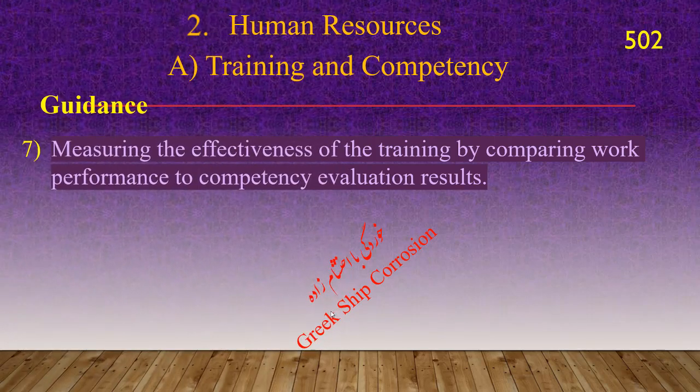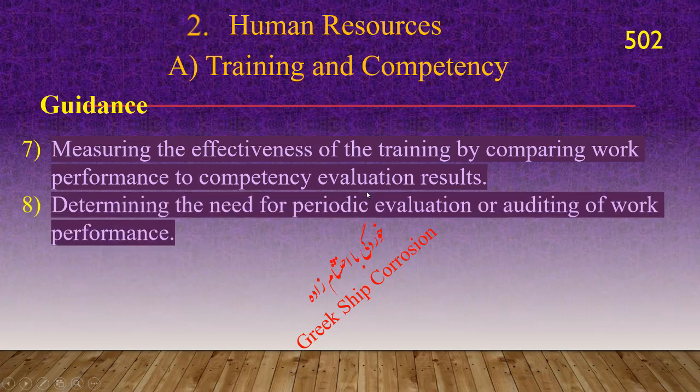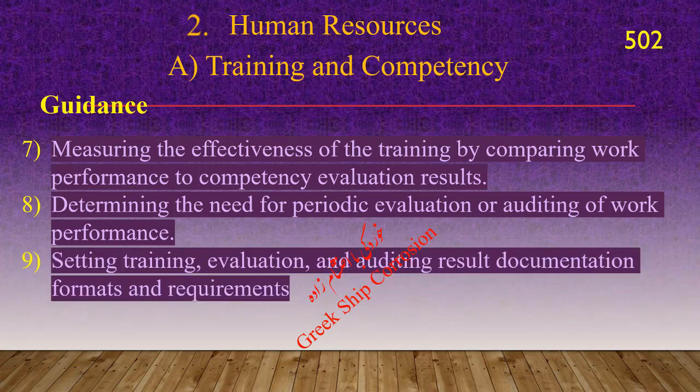Measuring the effectiveness of the training by comparing work performance to competency evaluation results. 8. Determining the need for periodic evaluation or auditing of work performance. 9. Setting training, evaluation, and auditing results documentation formats and requirements.